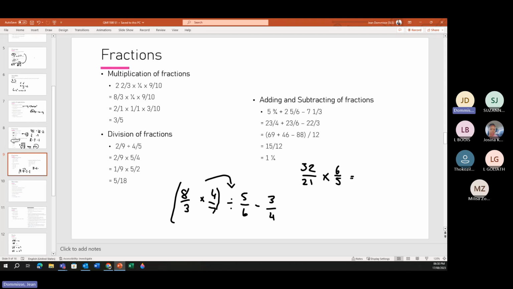So we would have needed to multiply that out. So it would have been something weird: 192 over 21 times 5 is 105.